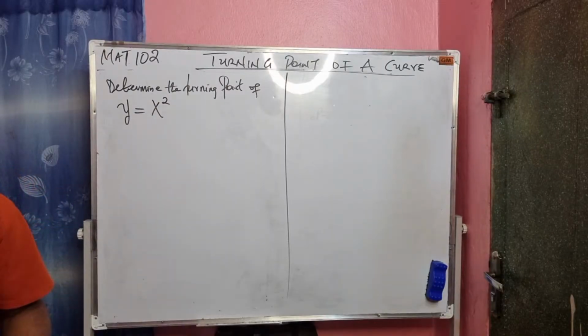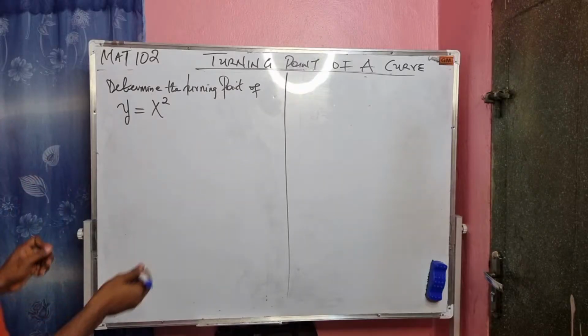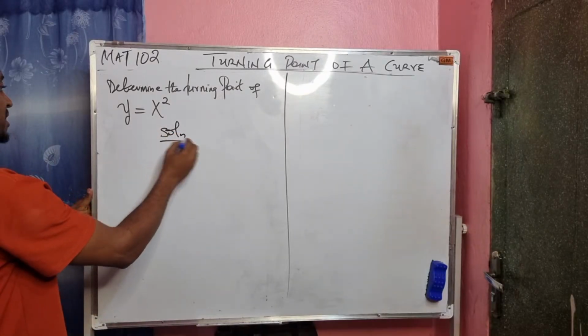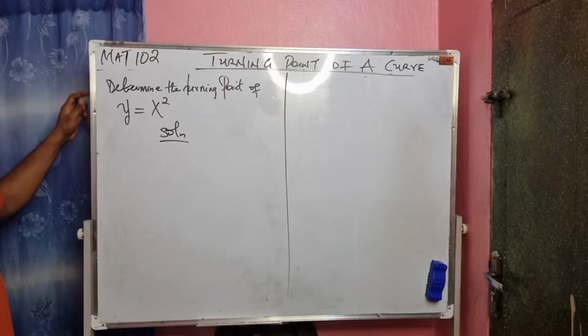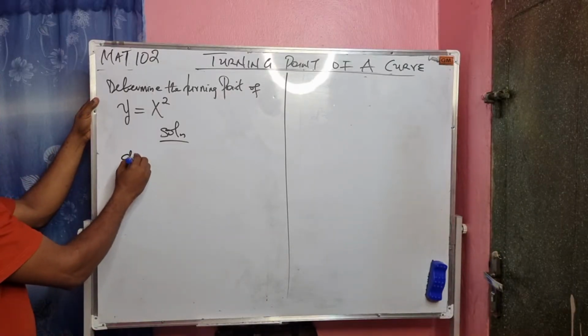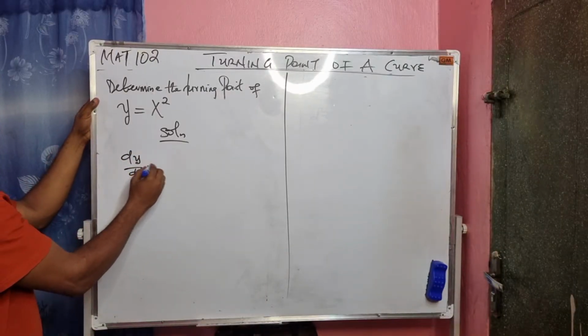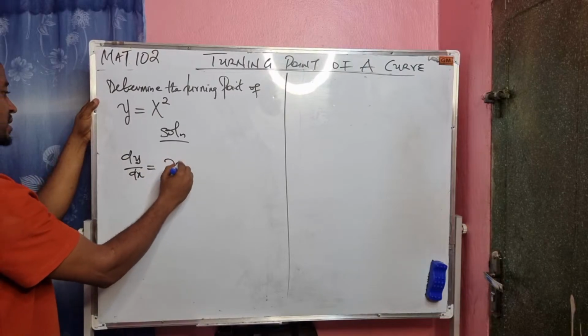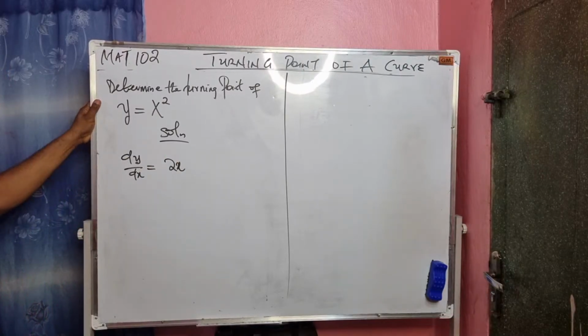Just x squared. The turning point, y equals x squared. Solution to this, we already know the first condition, which is called the necessary condition. So we have to differentiate: dy/dx, which is 2x, right? Okay, dy/dx equals 2x.